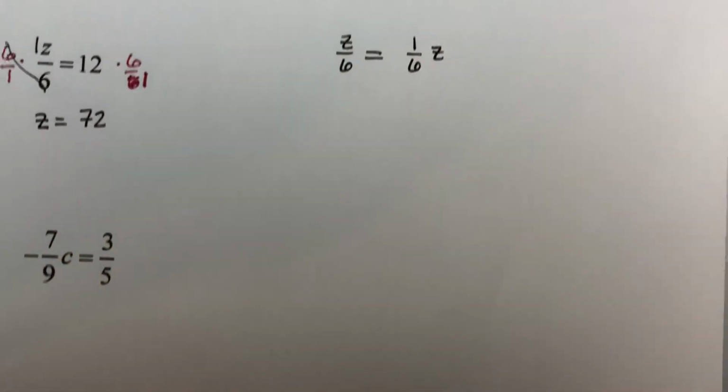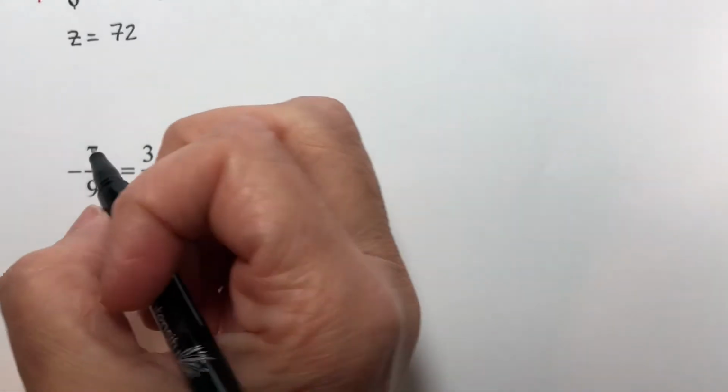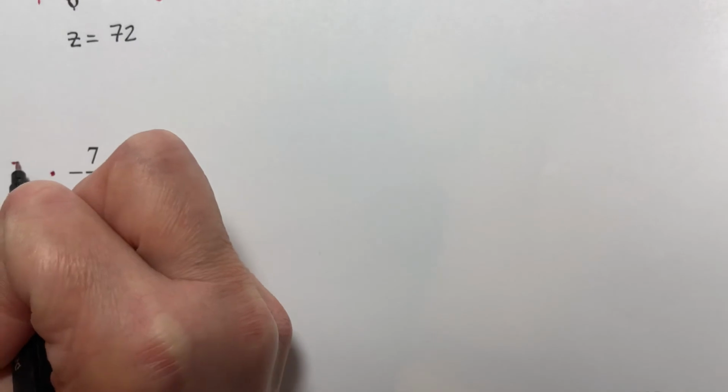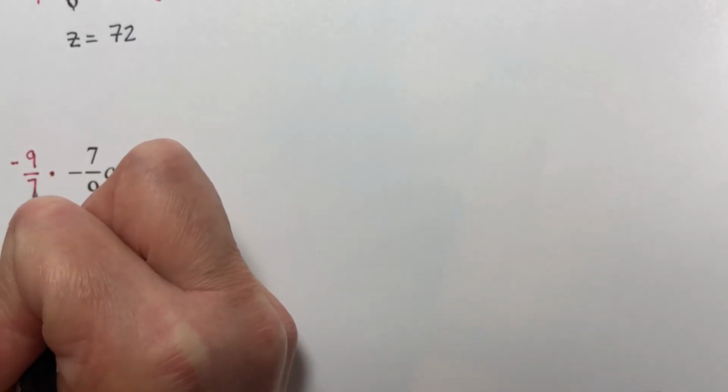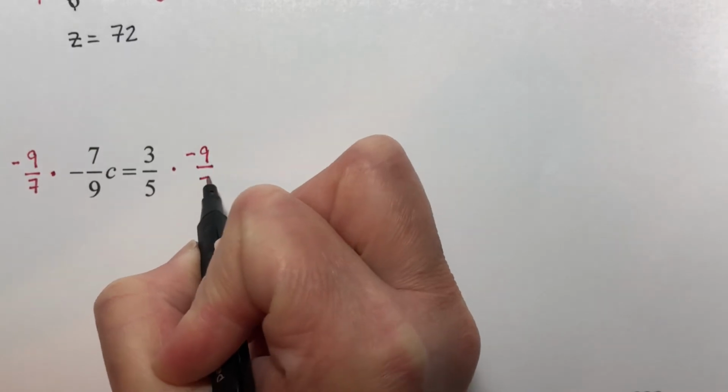Okay. And then your last problem from this section: negative 7/9 c is equal to 3/5. Here I'm going to multiply both sides by the reciprocal of negative 7/9, which is negative 9 over 7.